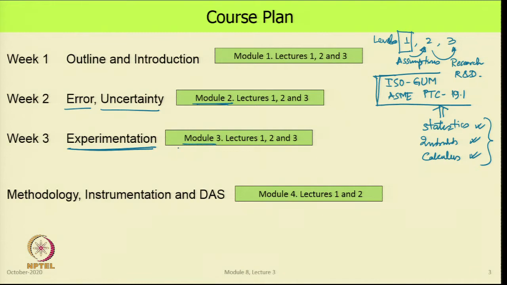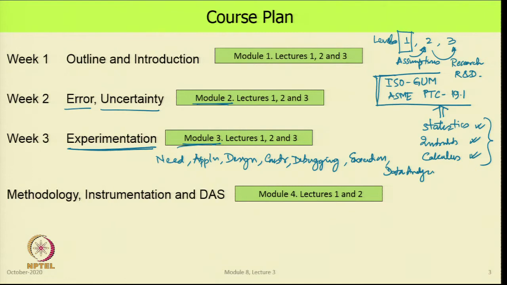On this we had 3 lectures, where we defined various stages of experimentation, which is somewhat like a design process, starting with the need, then the application, design, then construction, then debugging, then execution, data analysis, and finally reporting and archiving.